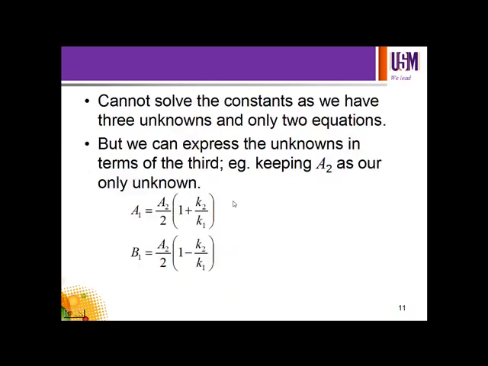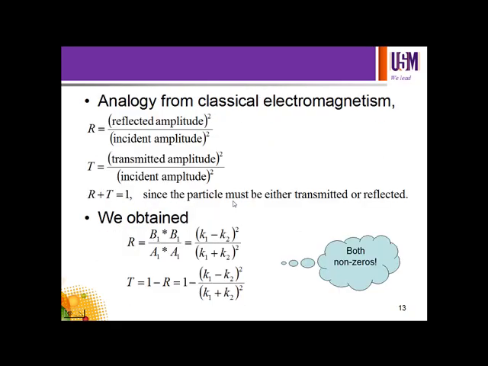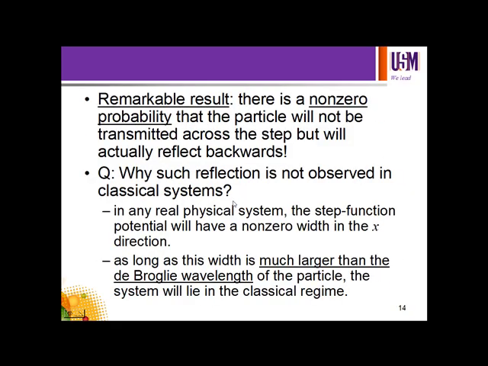So this is the remarkable result, which sometimes goes against our intuition. What we have in mind is that if a particle is shot through, that means the energy is above the potential V naught, all the particles should go through and no particle should be reflected back.